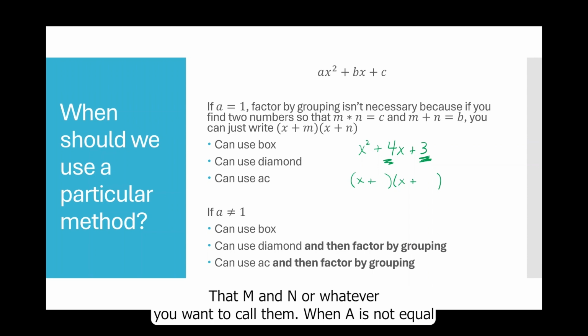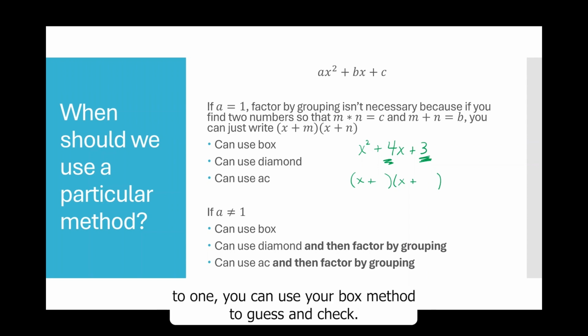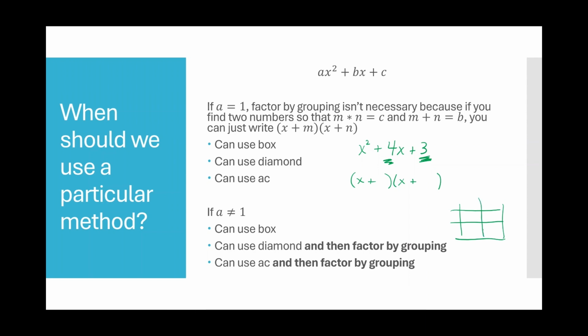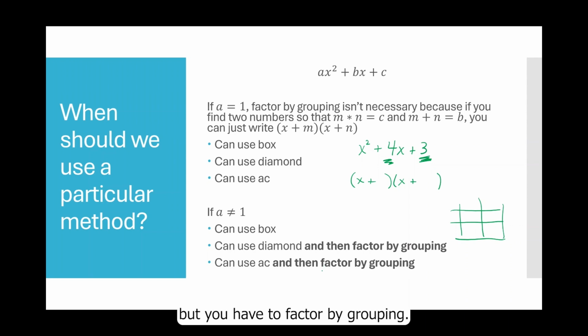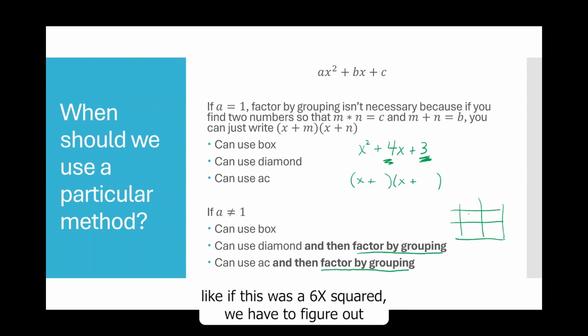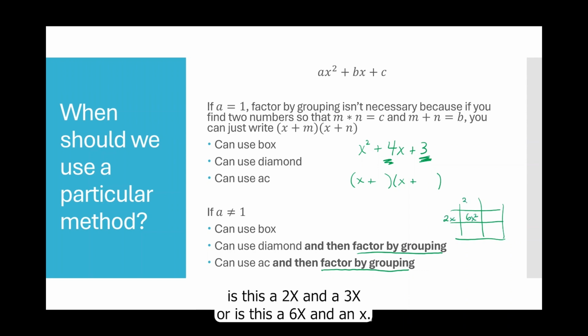When a is not equal to 1, you can use your box method to guess and check. You can use your diamond or your AC method, but you have to factor by grouping. You can't just use those two numbers because we have to figure out where, like if this was a 6x squared, we have to figure out, is this a 2x and a 3x?